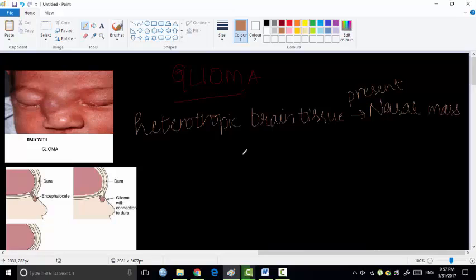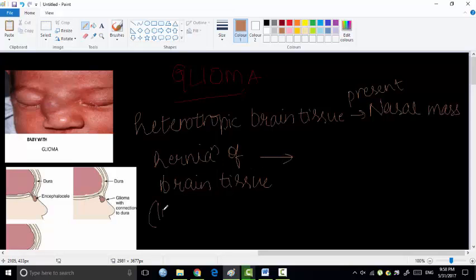But why do you think brain tissue comes here? As we have already seen in encephalocele, there is herniation, right? Even here, first there is herniation of brain tissue, just as in encephalocele. Basically this occurs in intrauterine life, through the foramen cecum, which is a natural opening.